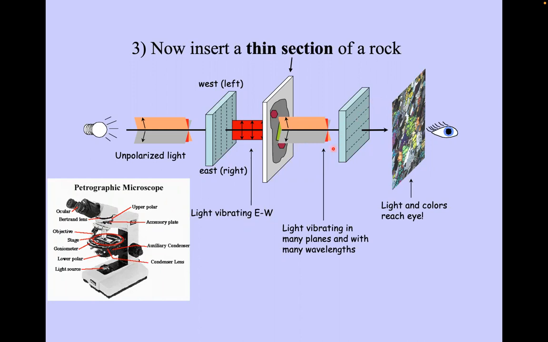Because its polarization direction is north-south, perpendicular to the first polarizer, which is east-west. Previously the first polarizer allowed only the other direction, but now the light is bent again because of this sample. Now a new set of light is passing through, and that light will be vibrating along the north-south direction, right?